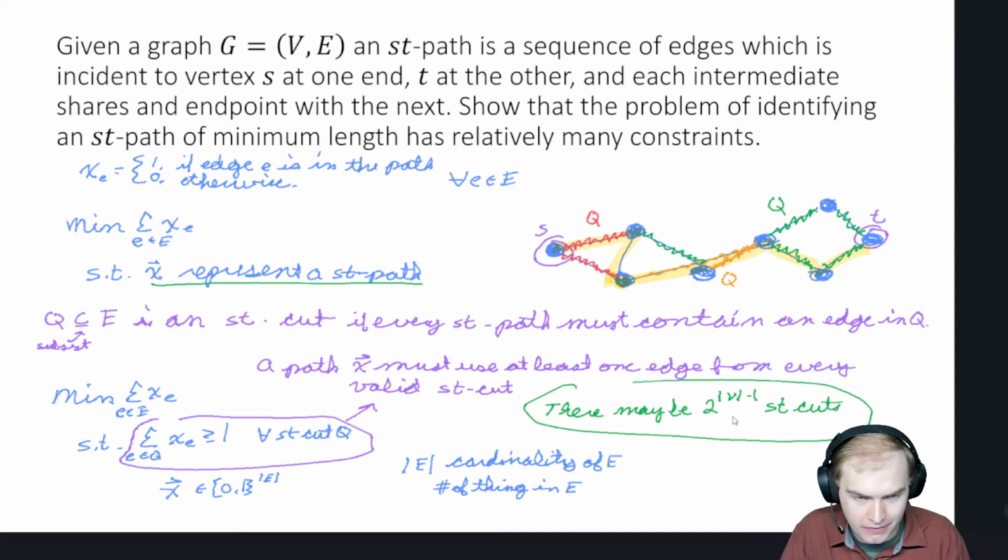Now, 2 to the v minus 1 is enormous for a large v, for a large number of vertices.